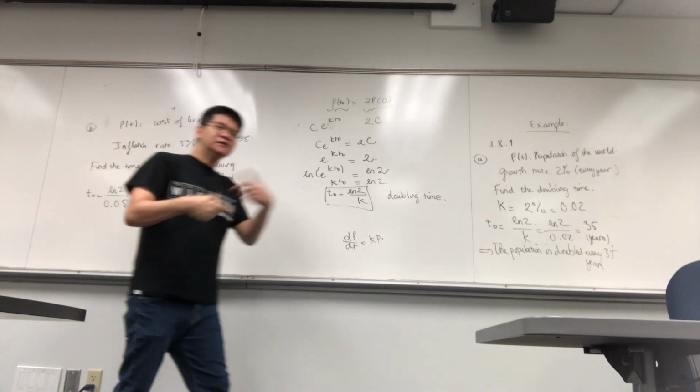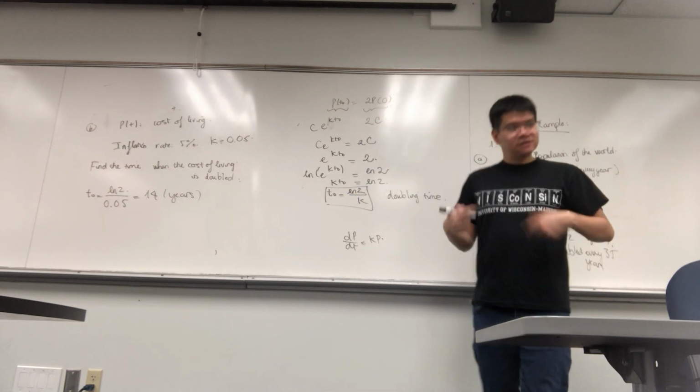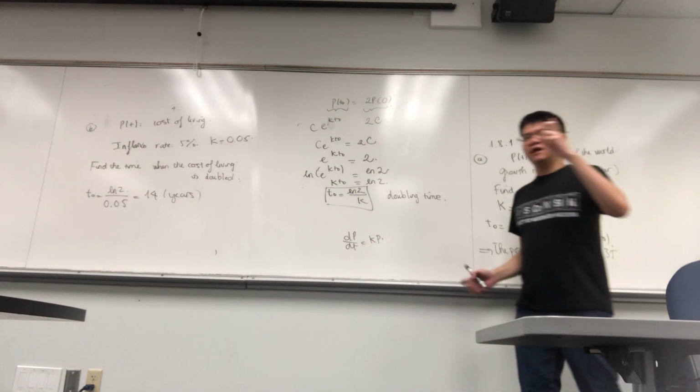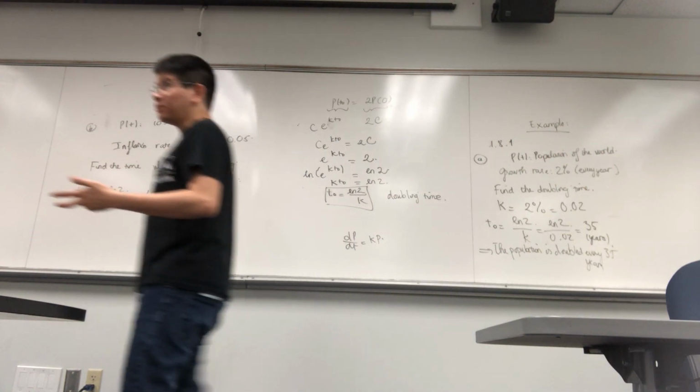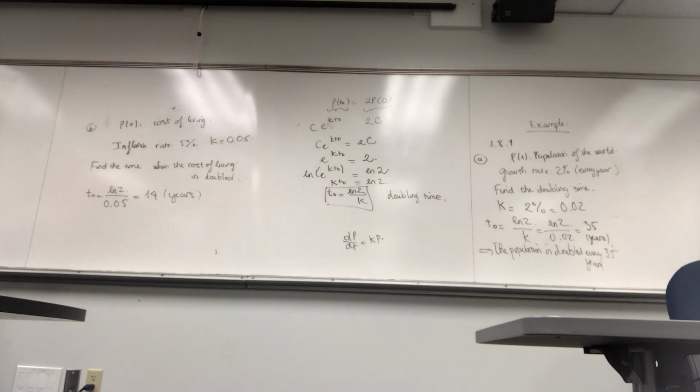So in 14 years, the cost of living is double, but in 35 years, the population is double. So there are more and more people, and in a very short period of time, life is more and more expensive, in an even shorter period of time. Questions? Clear?